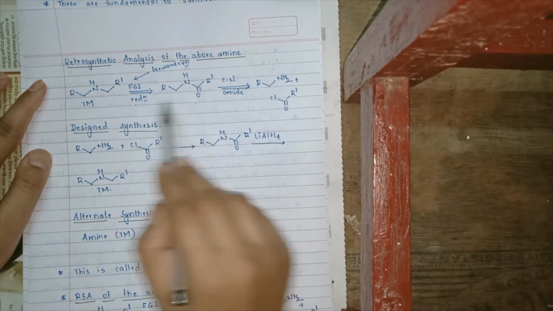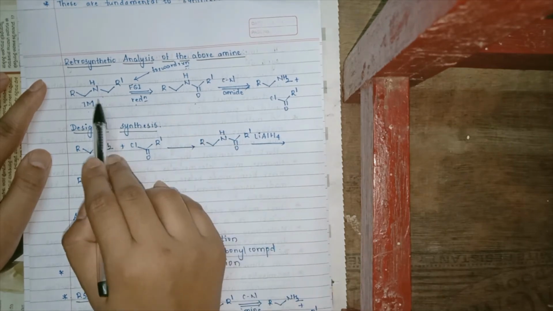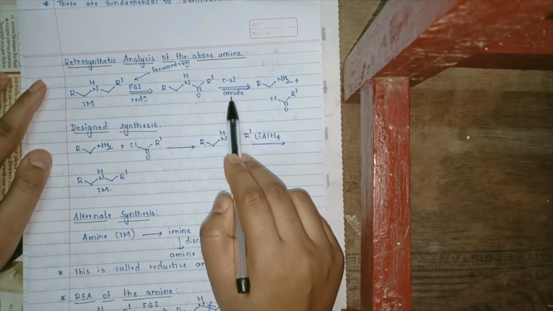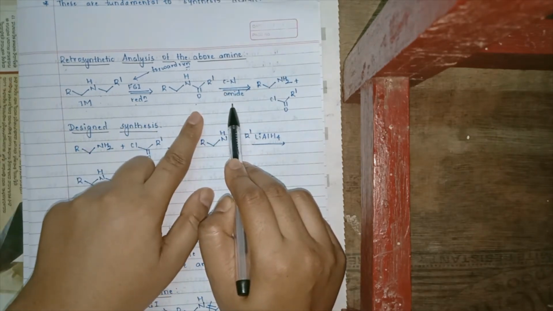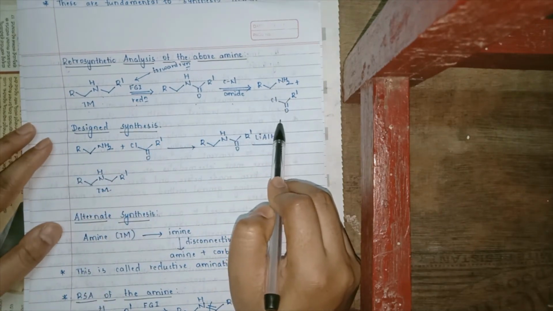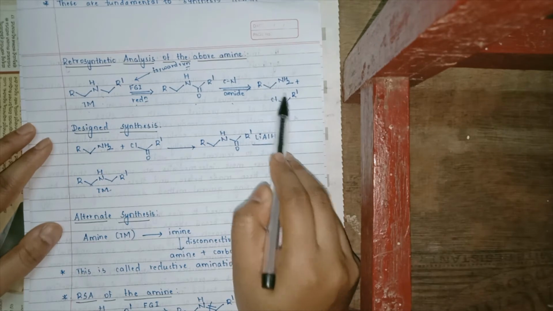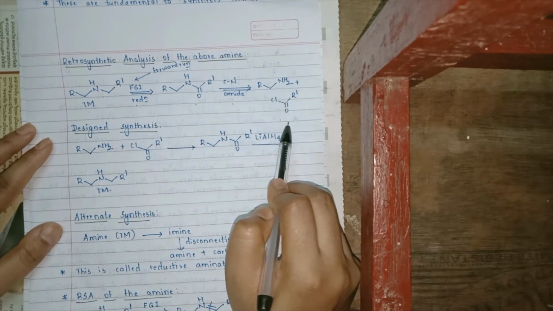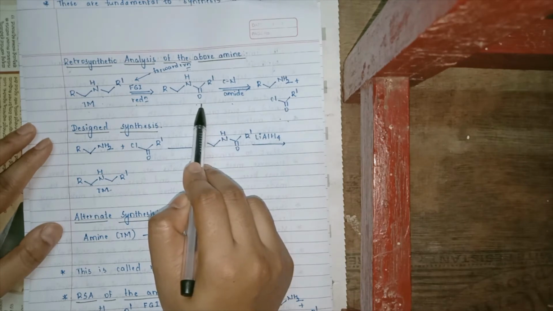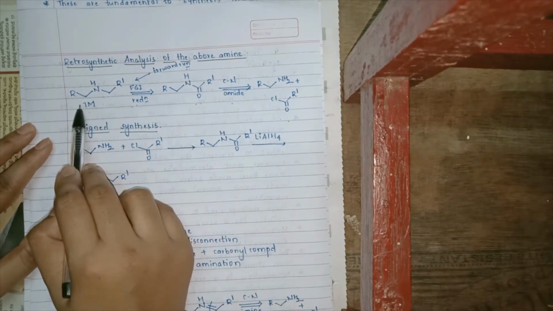Further, upon reduction, I can get back my NH, or I will be getting an amine system. Now the amide system can be synthesized by an amine and an acid chloride system. So an amine is converted and we will be doing an acid chloride. So acid chloride plus amine will give me an amide system. Further, upon reduction, I will be getting an amine system.